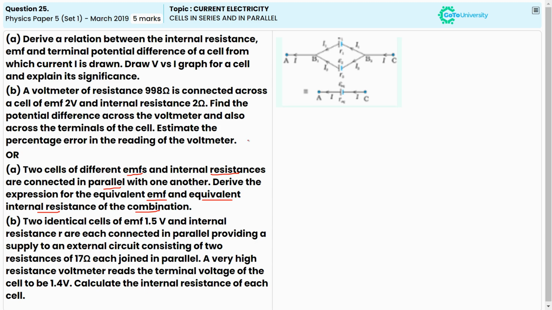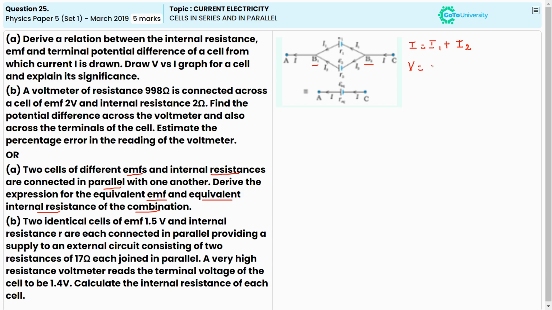Then we know that I is equal to I1 plus I2. We need to find the potential difference across B1 and B2, that is V is equal to E1 minus I1 R1.